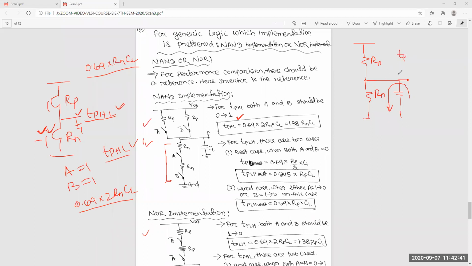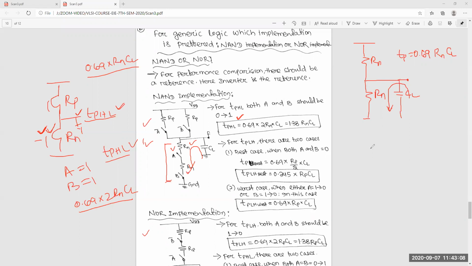This RC delay is formulated as 0.9 RNCL. But in this case, when the current flows in this path, there are two resistances, because we are sizing that NMOS same as the inverter sizing. That's why we get Rn here also.